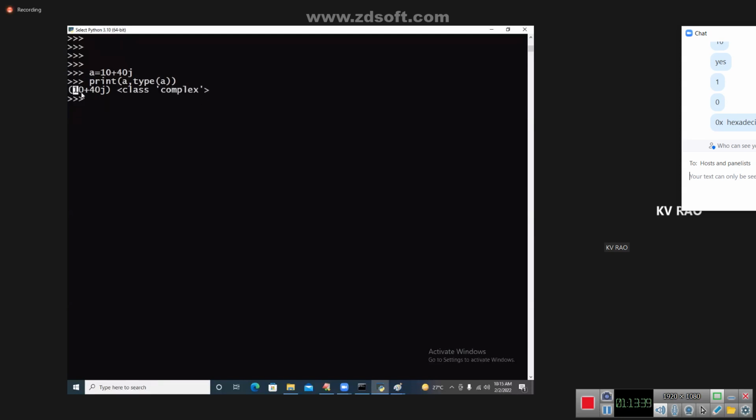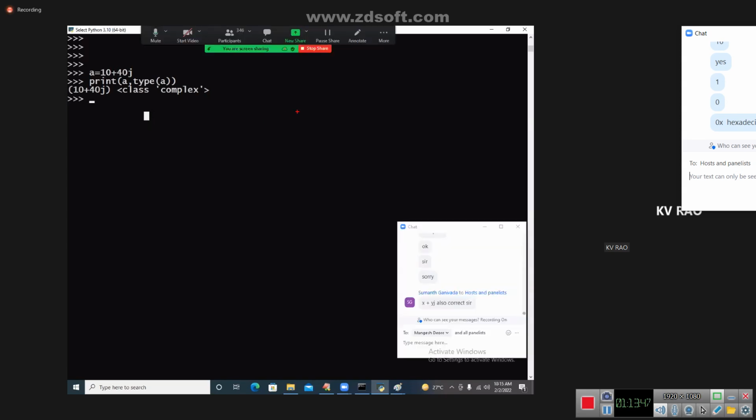It is called real part, and this 40 is called imaginary part. So in the complex object, in the complex class, we have two predefined attributes. One is called real, data attribute called real. One more is called IMAG.